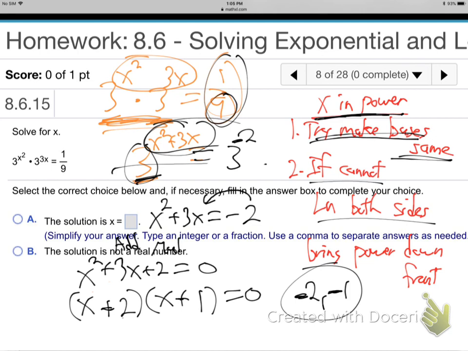So you want to have that game plan on your 3x5 card. When you have x in power, try to make the bases the same. If you cannot, then do the ln of both sides. That's the game plan whenever x climbs up here into the power zone, right? Is that good? That's the key mark. That's what will distinguish this from everything else we've done.